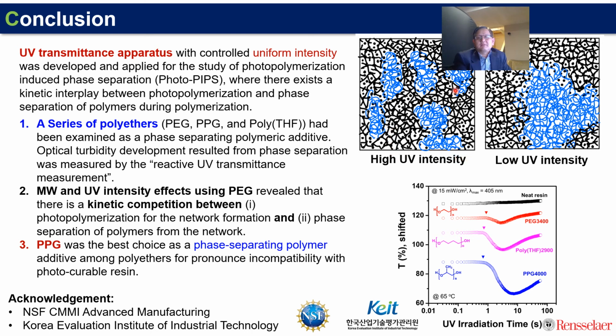This is because the fast polymerization is able to entrap the polymer, not giving enough time to phase separate into a larger domain. And we also find that PPG, among PEG and poly-THF, is the most effective one, because of its pronounced incompatibility with a photocurable resin.